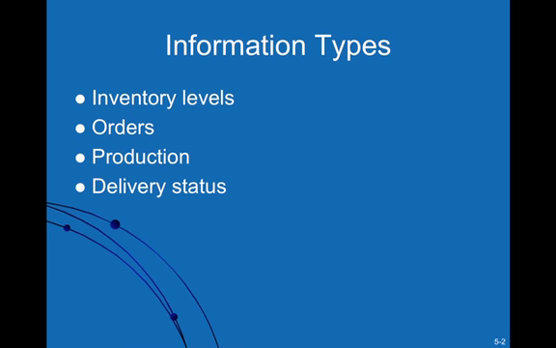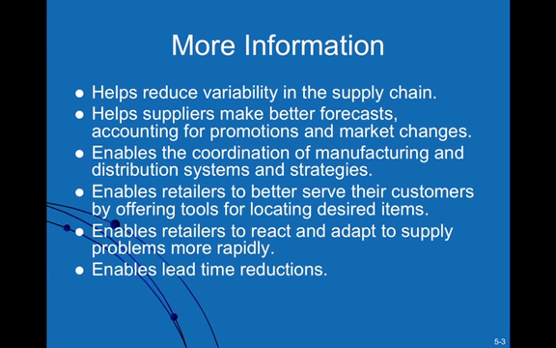Production quantities, the current production capacity at a manufacturing plant, current production costs, production volumes, etc. All of those pieces of information are quite important. And then, of course, the delivery status of orders. When orders are placed and they are shipped by the supplier, knowing exactly what the status of that delivery is is important. So these are all different types of information.